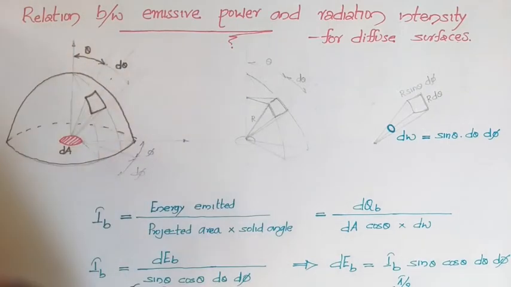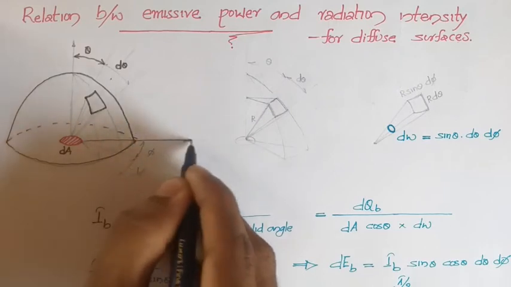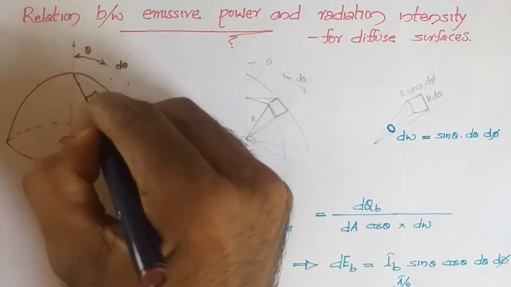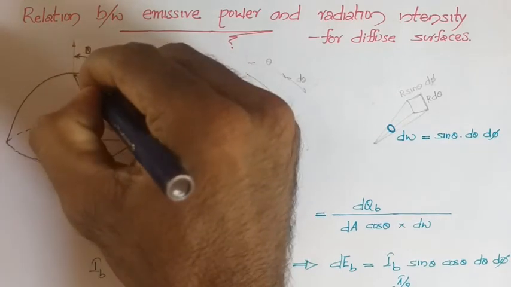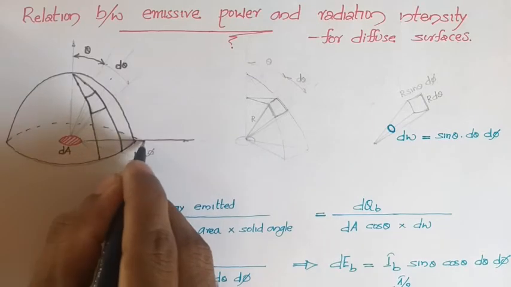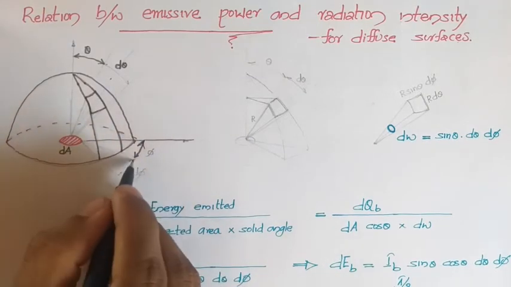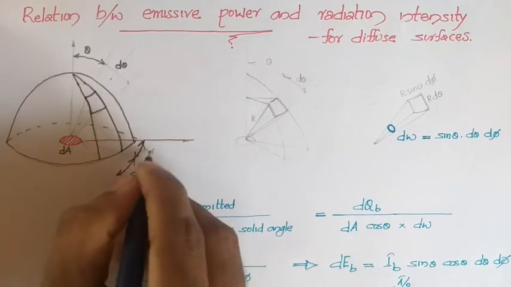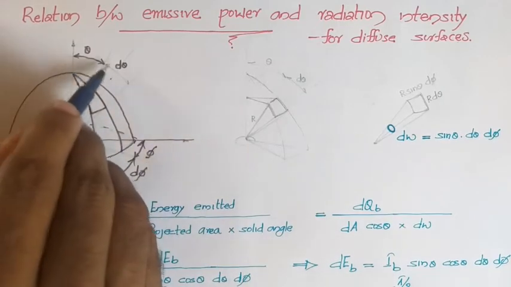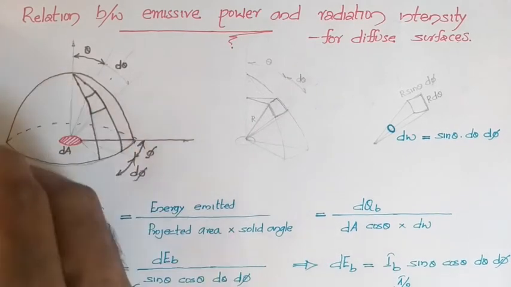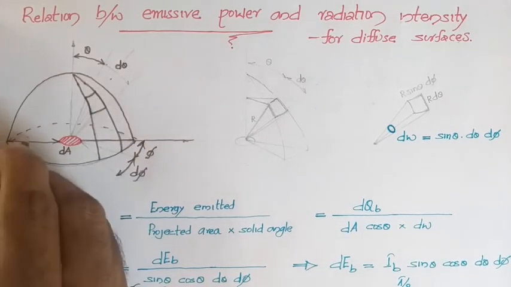With respect to the horizontal direction, the projection of this element on the spherical surface lies along these lines at an angle phi from the horizontal, and over the element there is an angle d phi. So this is phi and d phi, and this is theta and d theta, and this is a sphere with radius r.